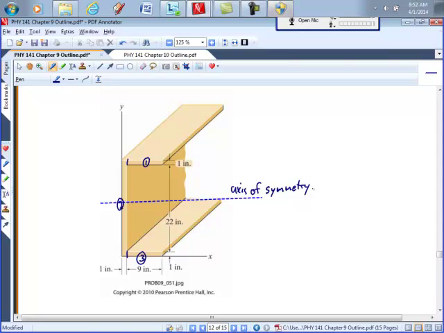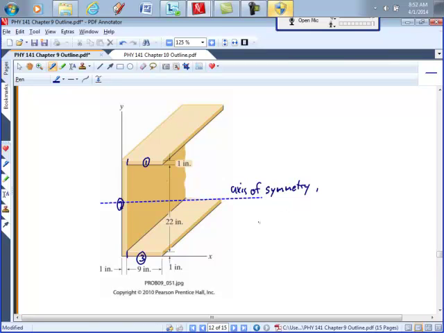So what does the axis of symmetry tell us? The axis of symmetry is at half the height, which should be at 12 inches. Is that where the centroid is? That is where the y-centroid is, yeah.